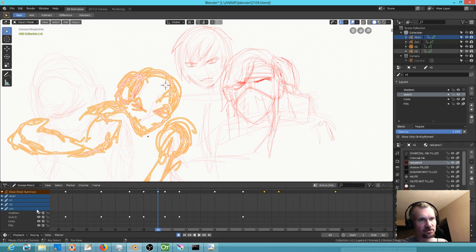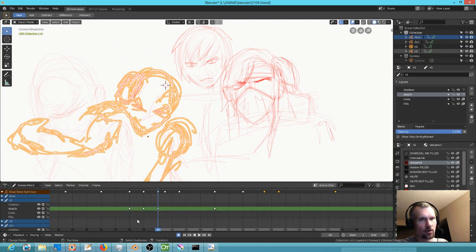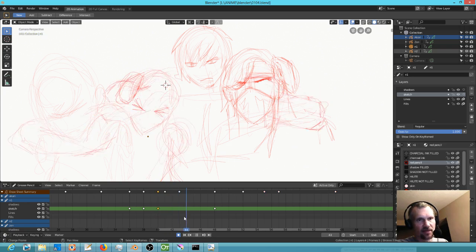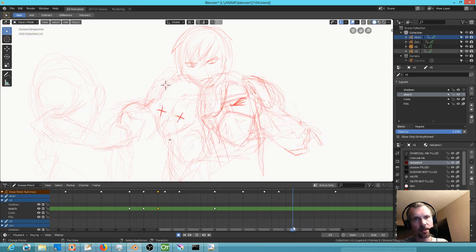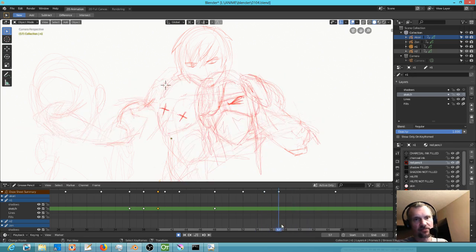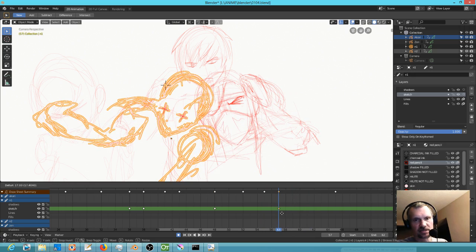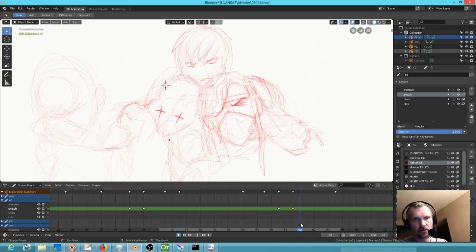So grease pencil dope sheet for N1, that key right there needs to happen there. Okay, so my bad, folks. I kind of thought I moved these keys, but maybe I didn't. So how about that? Boom.